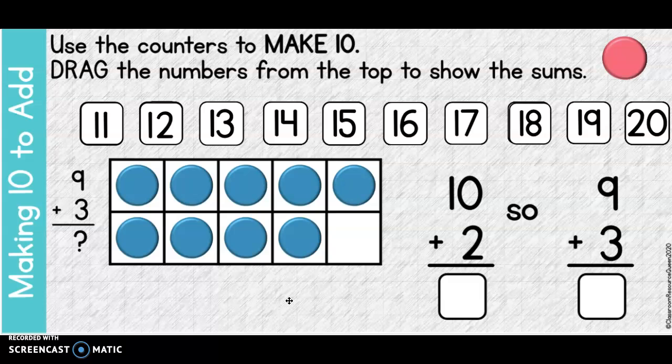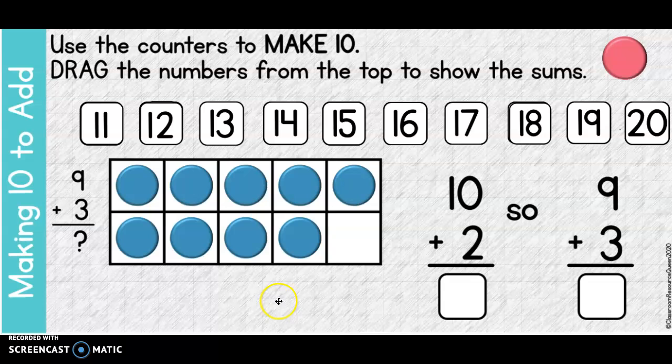So whenever we are trying to add a number to 7, or to 8, or to 9, we will look at making a friendly 10 first to help us add. So let's take a look at what that looks like and how making a friendly 10 to add can actually help us know our basic facts with automaticity.